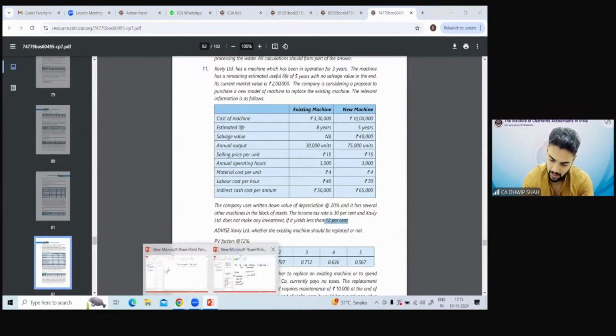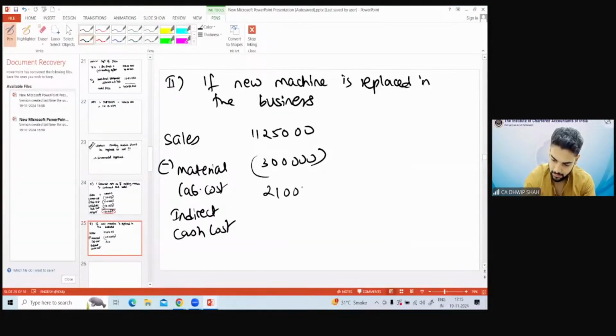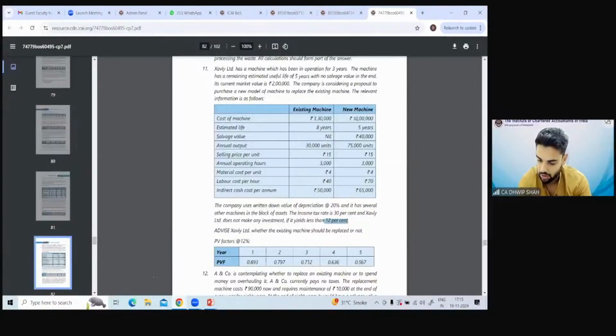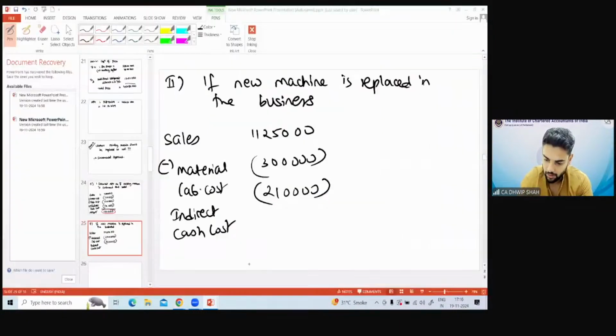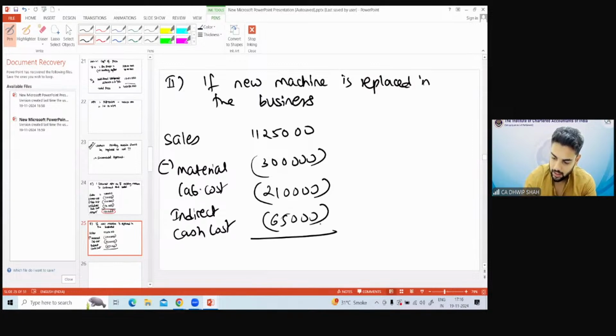So in that case, my labor cost would be 2,10,000 and indirect cash cost is 65,000. So my NPBDT, if old machine was replaced with new machine, it is 1125 minus 5 lakh 10 minus 65, 5 lakh 50,000.